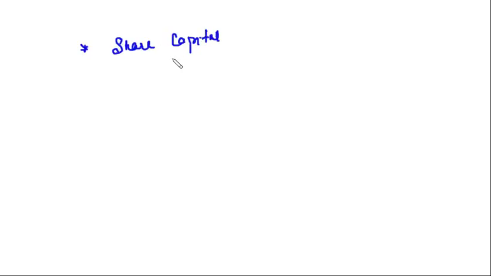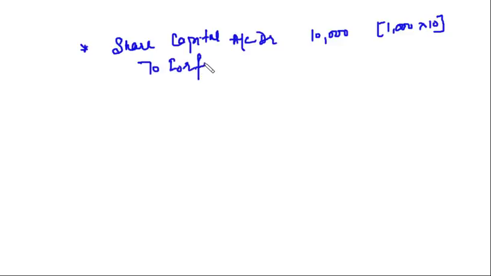Say on 1000 shares we have called up 10 rupees, so it is 10,000. Now to forfeited shares account, how much? 5000, because on 1000 shares you have received rupees 5.